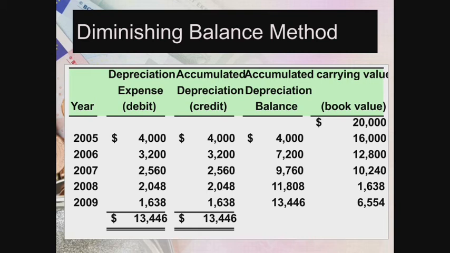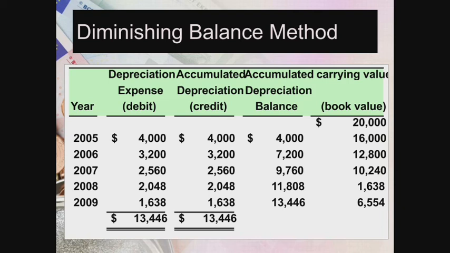Next year we will not calculate depreciation on its original cost. We will calculate depreciation on the carrying value or the book value of the asset because of the diminishing balance method. So 16,000 times 20% gave us $3,200 in second year depreciation. So our accumulated depreciation became 7,200 at the end of the second year, because first year depreciation is 4,000 and second year depreciation is 3,200.